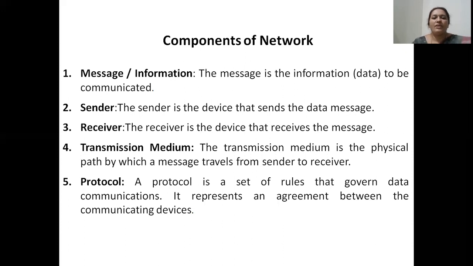Now, when a sender and receiver want to exchange information, they should understand the information which they are exchanging. So there should be some common agreement between the sender and receiver so that they understand the information which they are exchanging. That common agreement is called a protocol.